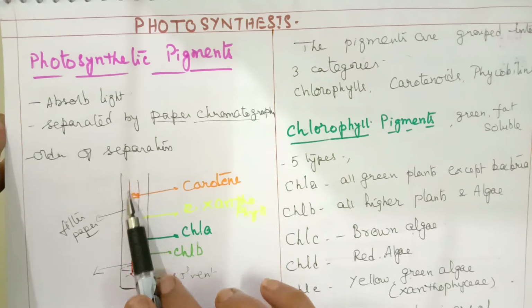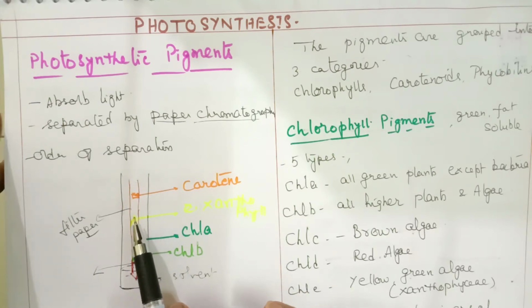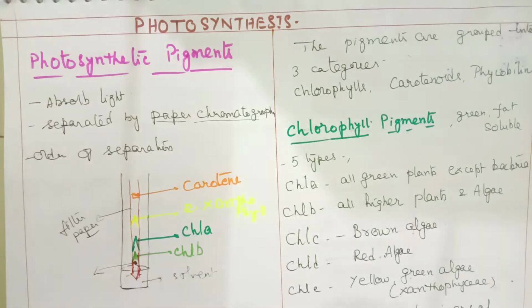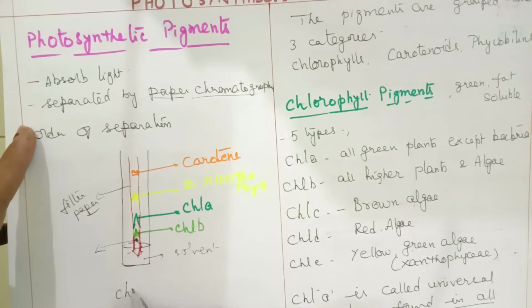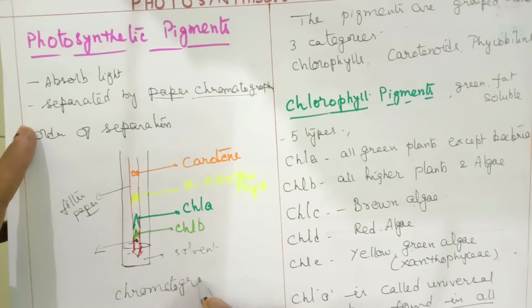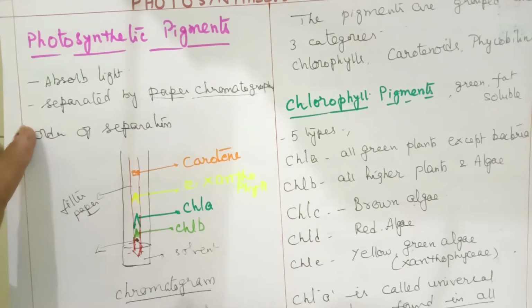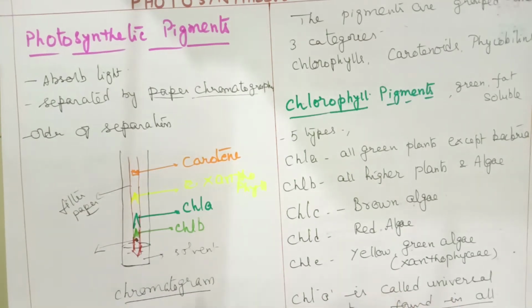So this result which is obtained on the filter paper by using this technique, that is paper chromatography, is called as chromatogram. So this paper, after the separation of pigments, it is named as chromatogram.